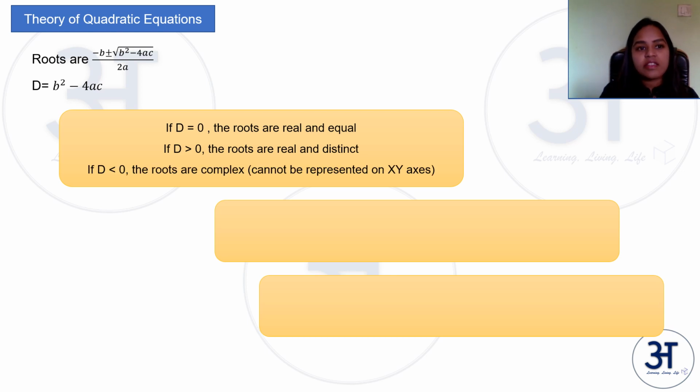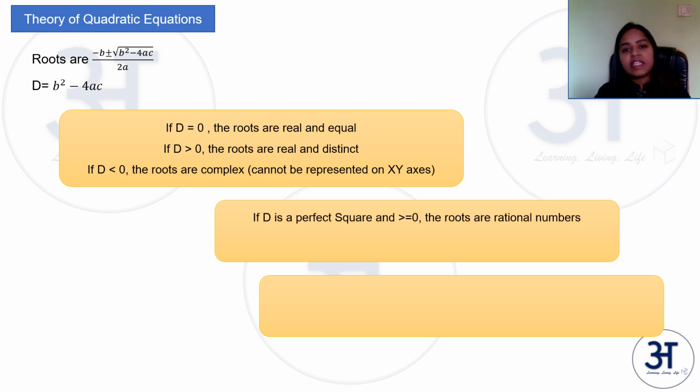If d is less than 0, what happens? Square root of a negative number is imaginary, right? And if b is any number other than 0, the roots will become complex roots because you have a real part and you have an imaginary part. If b is equal to 0, the roots are purely imaginary, right?